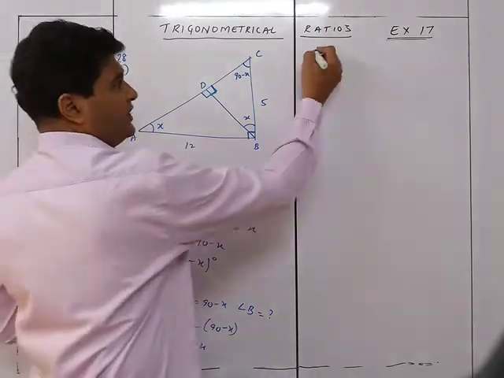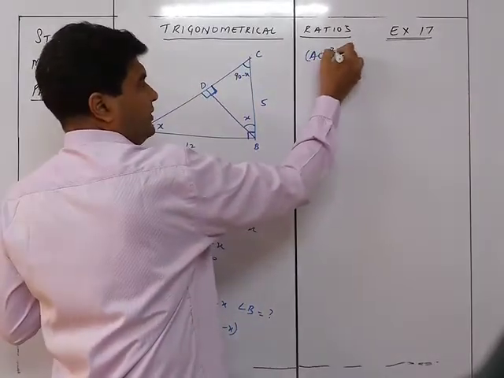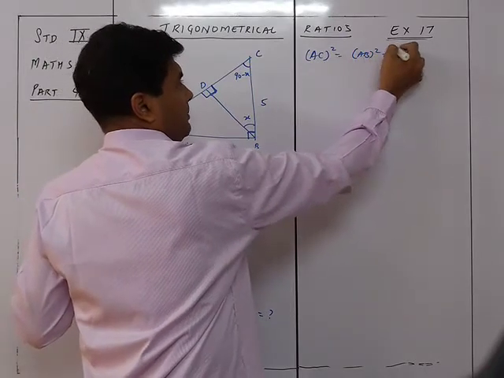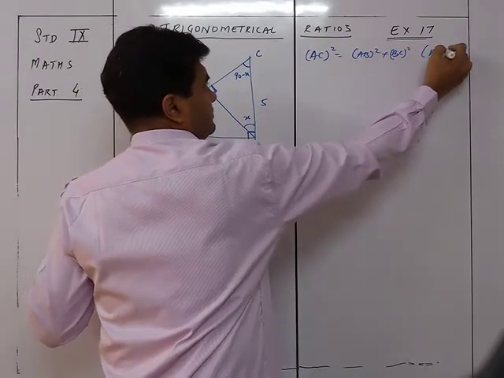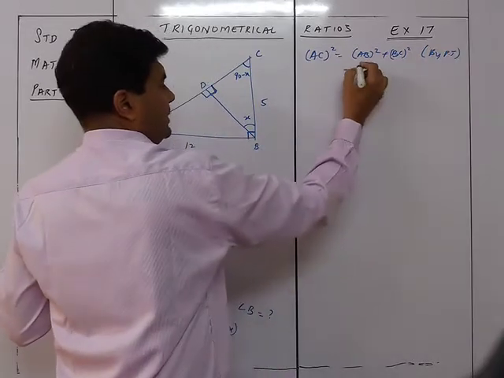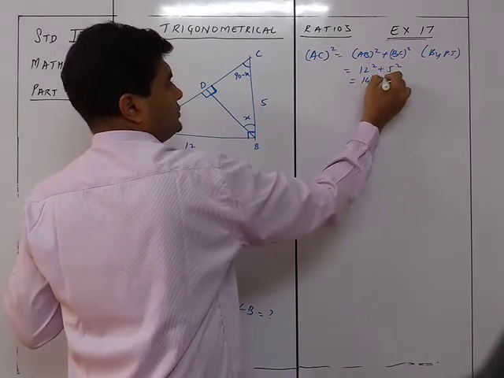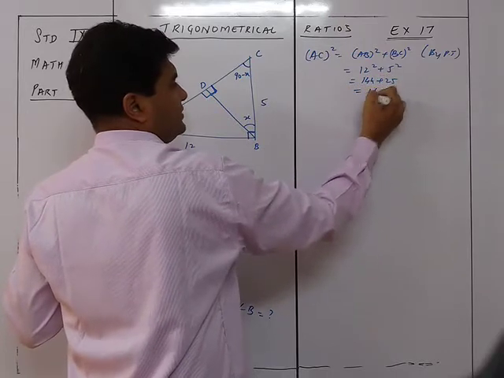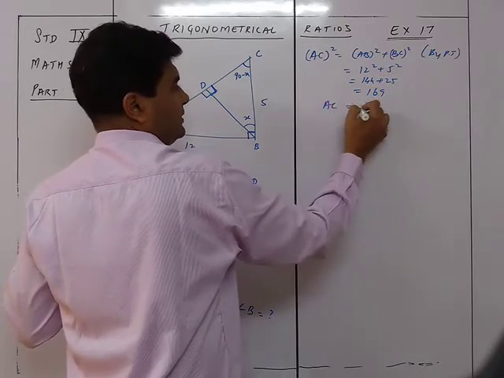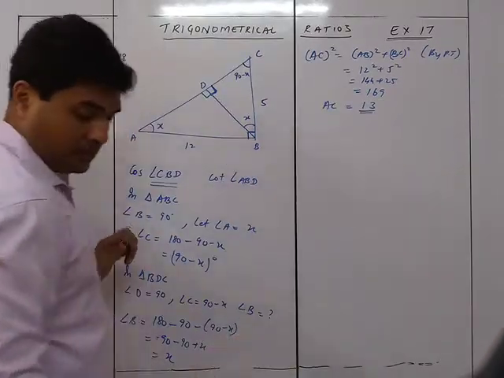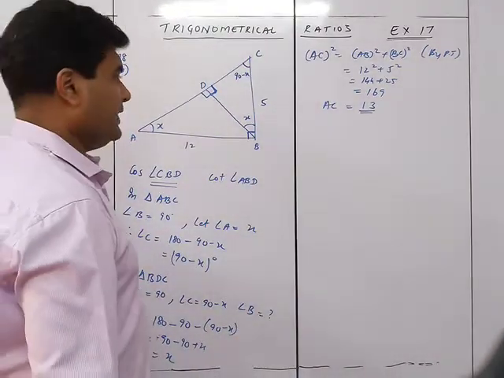So accordingly, first, AC square is equal to AB square plus BC square by Pythagoras theorem. So we have 12 square plus 5 square, which is 144 plus 25, equal to 169. So AC is equal to 13.